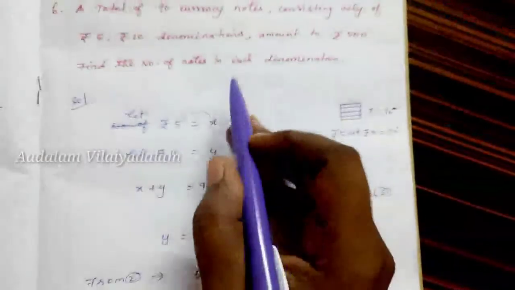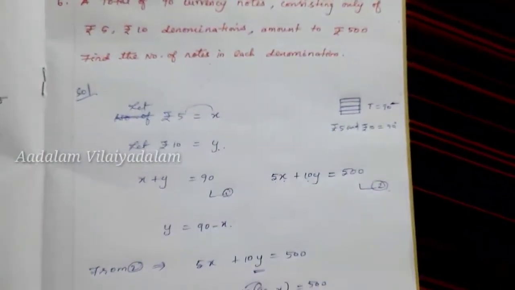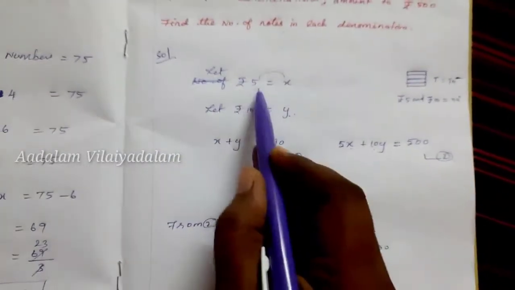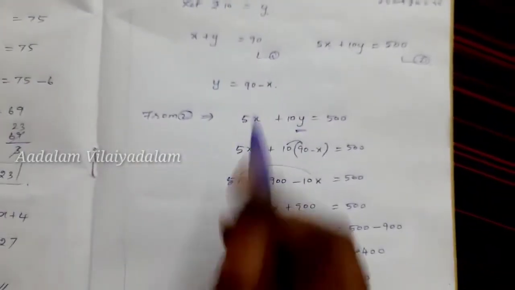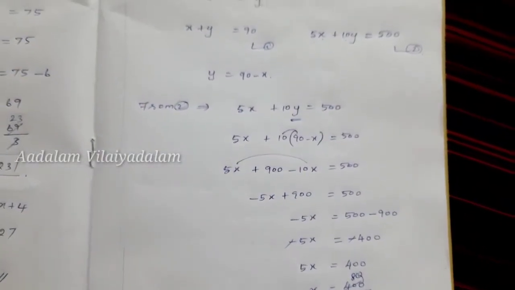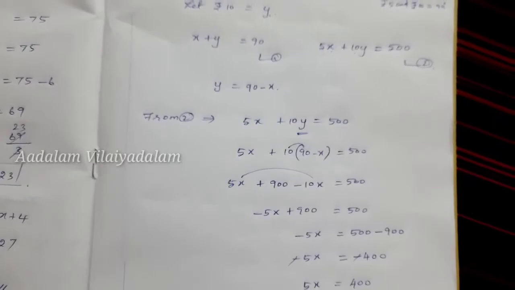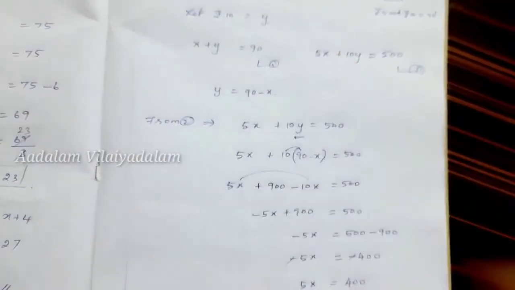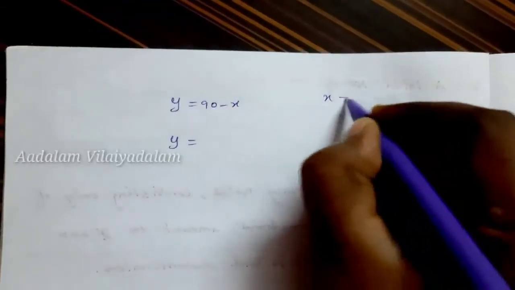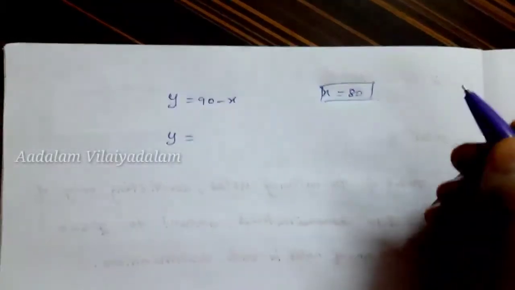So what they have asked in the question is to find those denominations. The number of 5 rupee notes we have taken as x, and the number of 10 rupee notes we have taken as y. So we need to find y. Here we have the equation y equal to 90 minus x. Already we have the value x equal to 80.